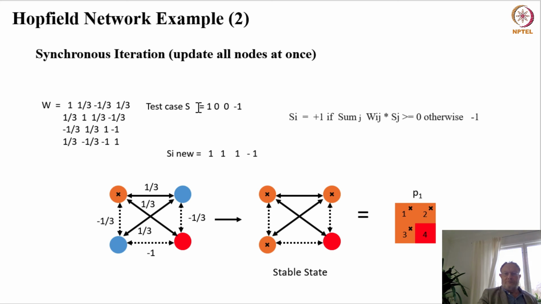So doing that threshold operation, we will end up with a new value of 1, 1, 1, minus 1, and that can then be depicted, as you see below, with a state consisting of 3 positive and 1 negative in the bottom right corner.